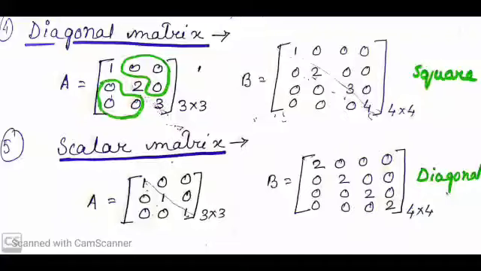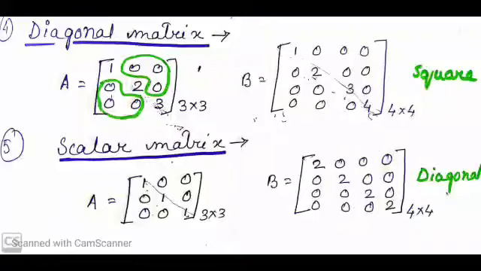So 1 is the element of first row, first column. 2 is the element of second row, second column, and 3 is the element of third row, third column. So this matrix is of order 3 by 3.